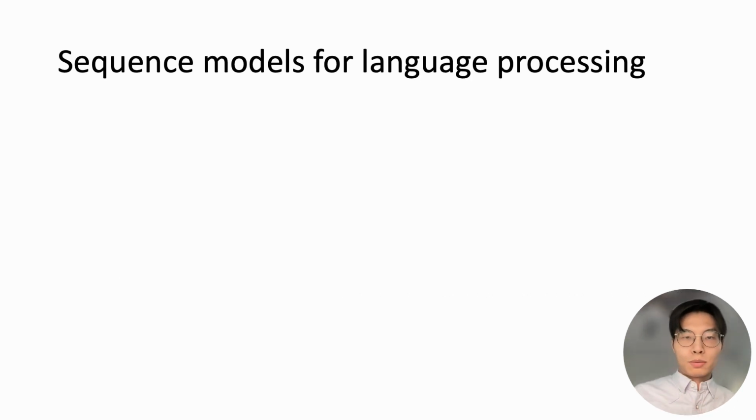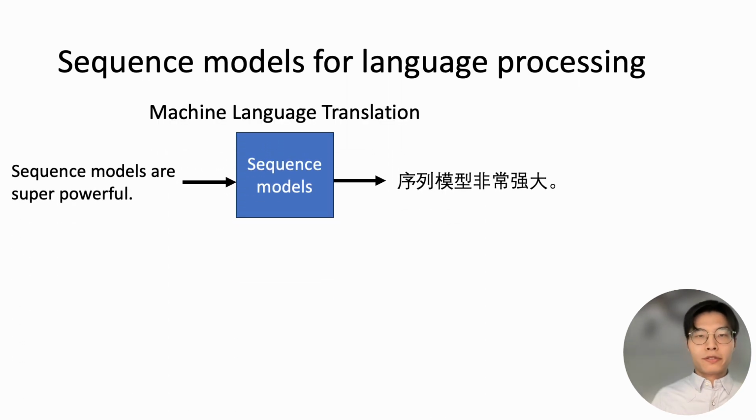Let's use language processing as an example, as they are all sequence data. If you want to achieve machine translation from English to Chinese, we will use a sequence model. Here, we translate the sentence, sequence models are super powerful, into Chinese.